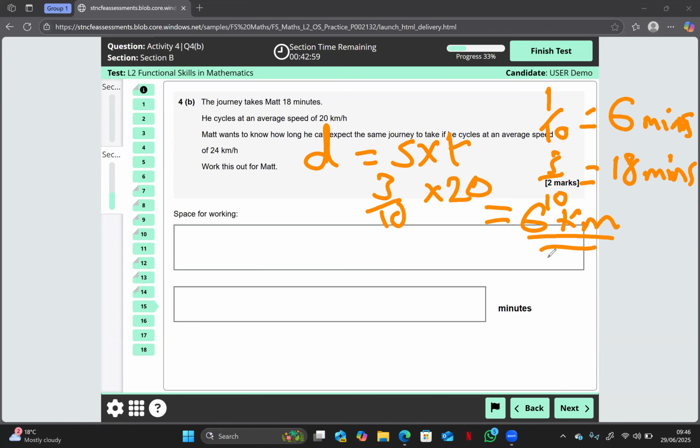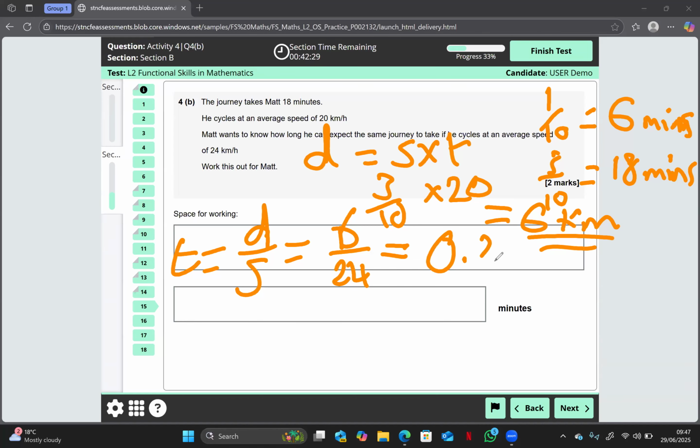6 kilometers. So now we need to work out the time it takes to travel 6 kilometers at the new speed. So it equals the distance over speed. So 6 over the speed, which is 24 kilometers per hour, and this is in hours, obviously. 6 divided by 24 is 0.25 hours.